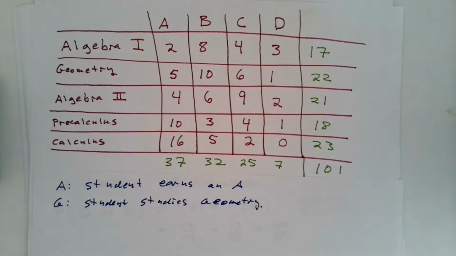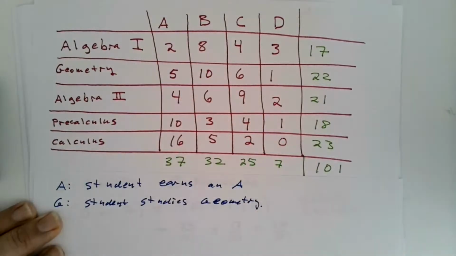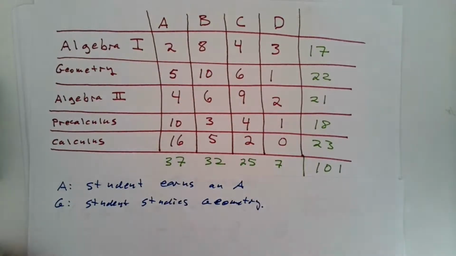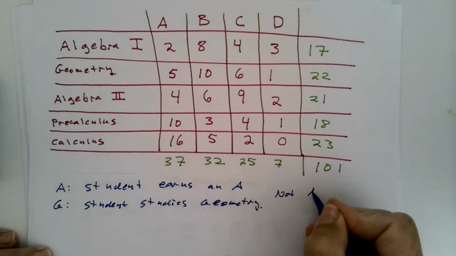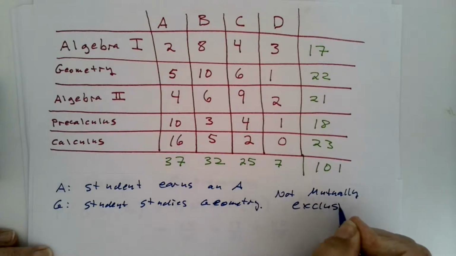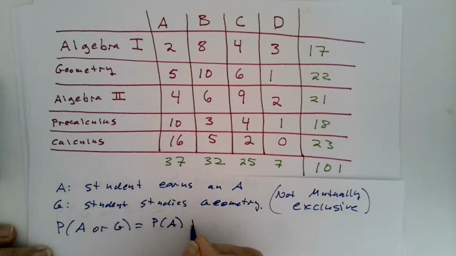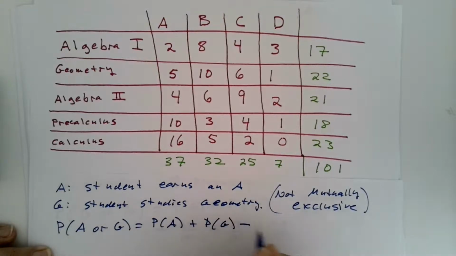You certainly can both study geometry and get an A. These people right here are in the geometry group and in the A group. So there is an overlap. They are not mutually exclusive. So we're going to use our OR rule. The probability of A or G will be the probability of getting an A plus the probability of studying geometry minus the probability of A and G, because those people would have been counted twice.